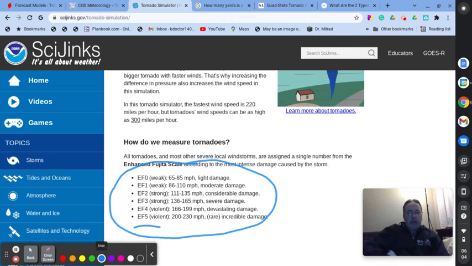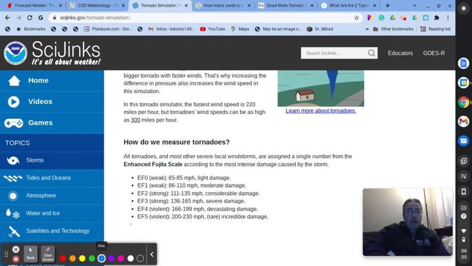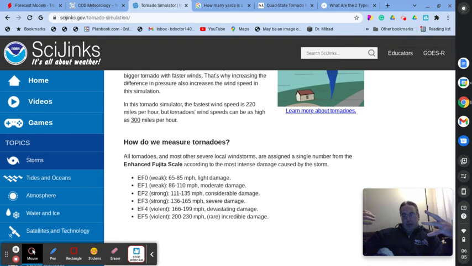Now, they're thinking that the tornadoes this past weekend were somewhere in the EF3 to EF5 range, so anywhere between 136 miles per hour winds to over 200. An EF5 is very rare, but you can see the destruction of an EF5. Really, what determines it is wind speed and then the damage.